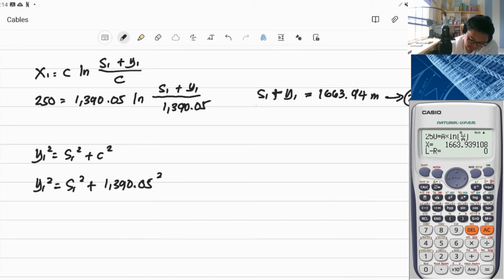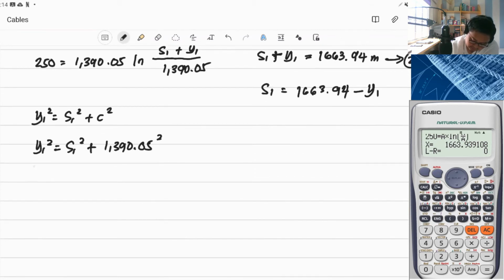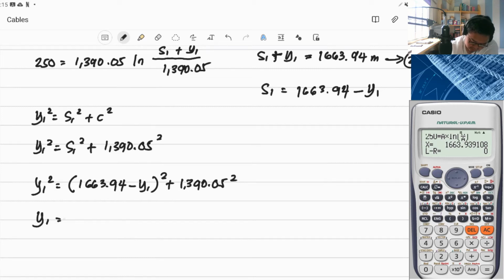Now we can substitute. Let's transform first: S1 equals 1663.94 minus Y1. So Y1 squared equals (1663.94 minus Y1) squared plus 1390.05 squared. So we can solve for Y1.